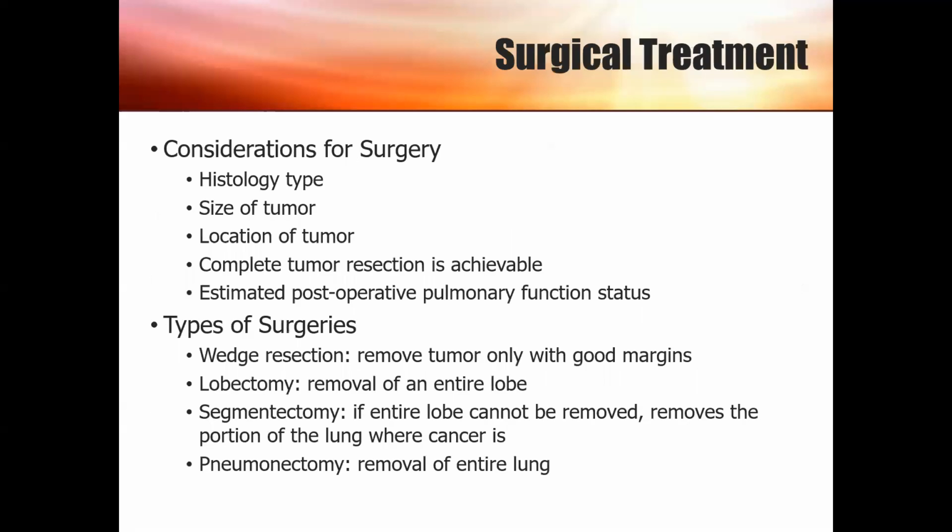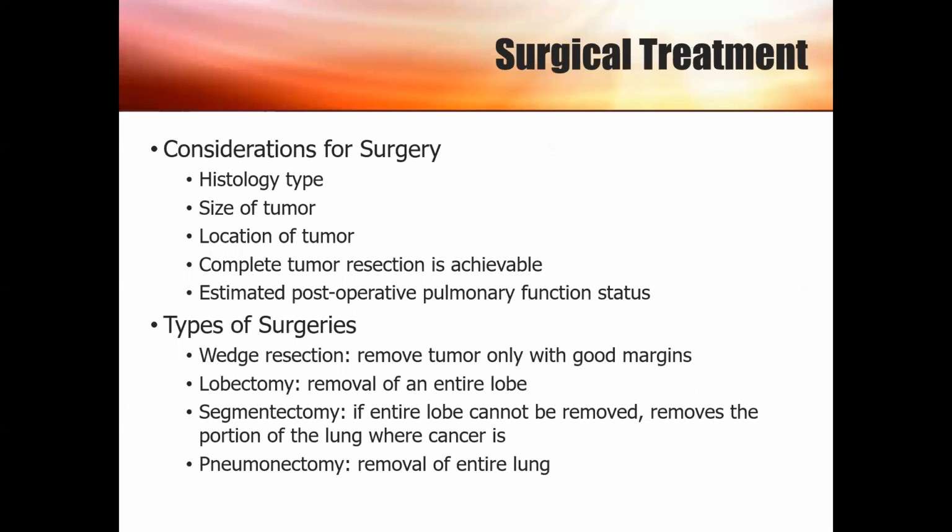Considerations that must be taken into account before surgery is performed include the histology type. Remember how we just said that small cell carcinomas usually aren't treated surgically, so that's why histology type is so important. Size of tumor, location of the tumor. Where is that tumor?